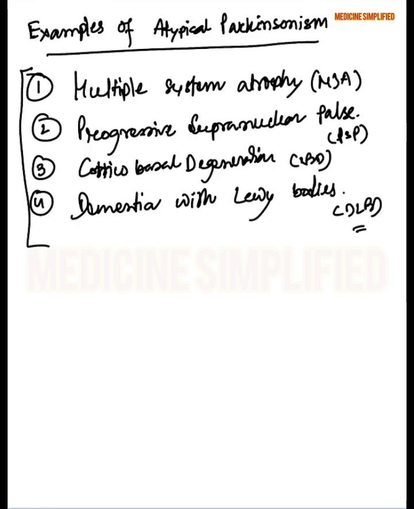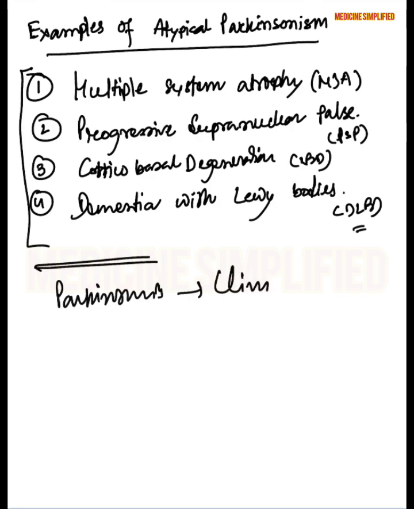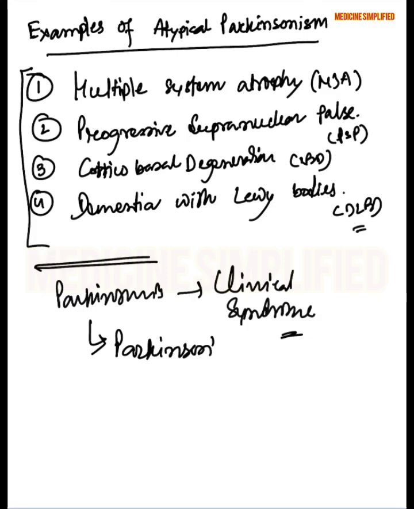As we have discussed in this chapter, Parkinsonism is not a single clinical entity, it is a clinical syndrome. The most common cause is the typical variety, which we have called Parkinson's disease.